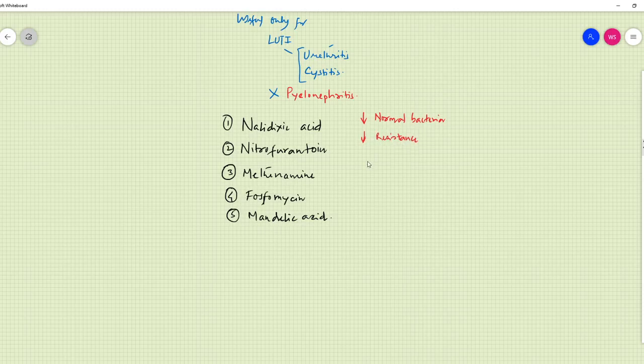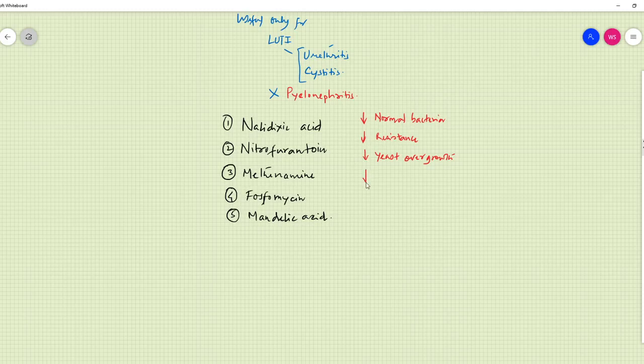And they decrease yeast overgrowth. What happens is the bacteria and fungus are constantly at war with each other. So if you decrease bacteria, fungus will increase. But the urinary antiseptics decrease the fungal overgrowth. So they stop the most common yeast, Candida organisms, from overgrowing.